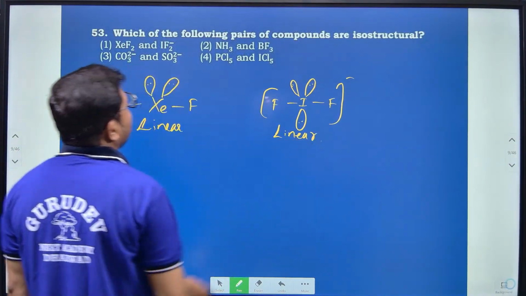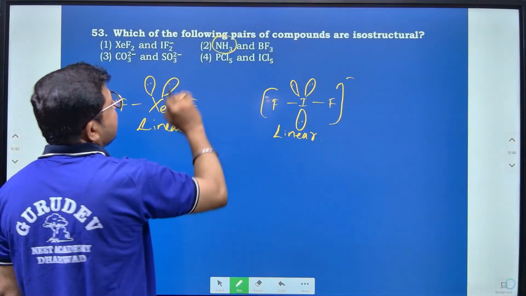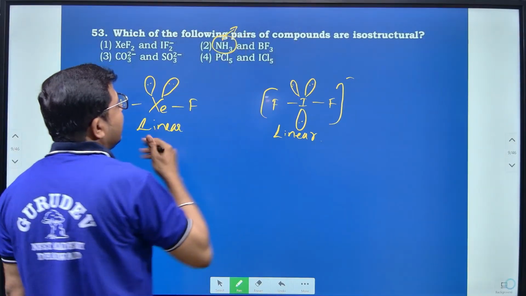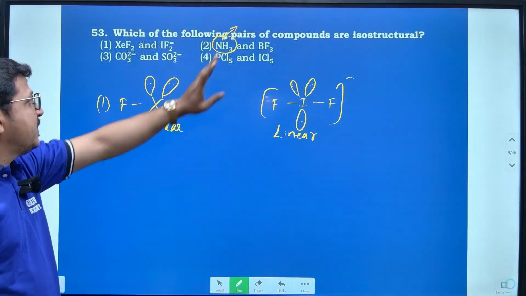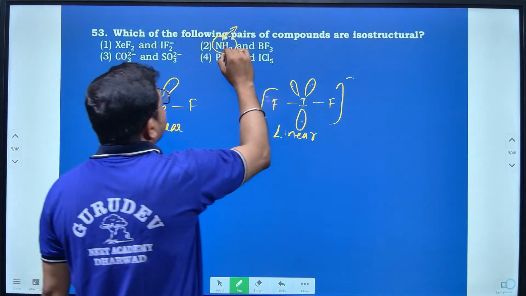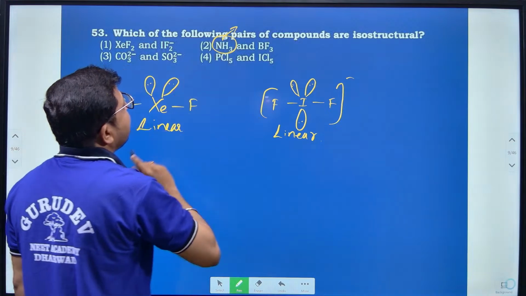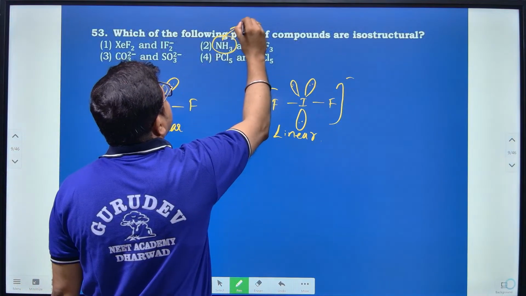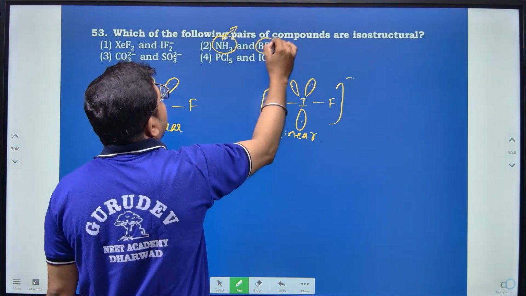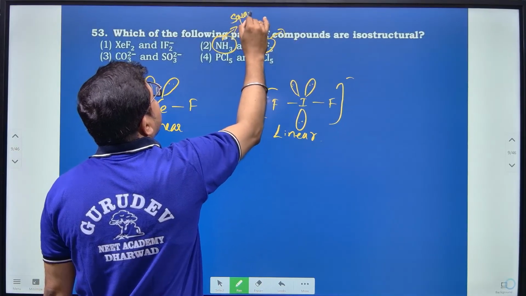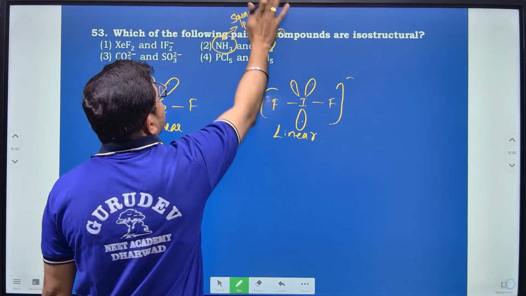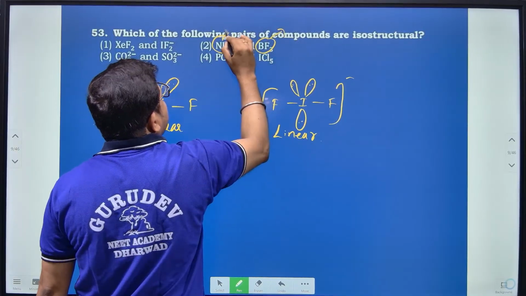linear structure. And whenever you come across option number 2, NF3, in yesterday's question paper, in question number 8, I have discussed the geometry of this NF3 along with BF3. So these two, NF3 and BF3 together, they will show... Sorry, this one is trigonal pyramidal.